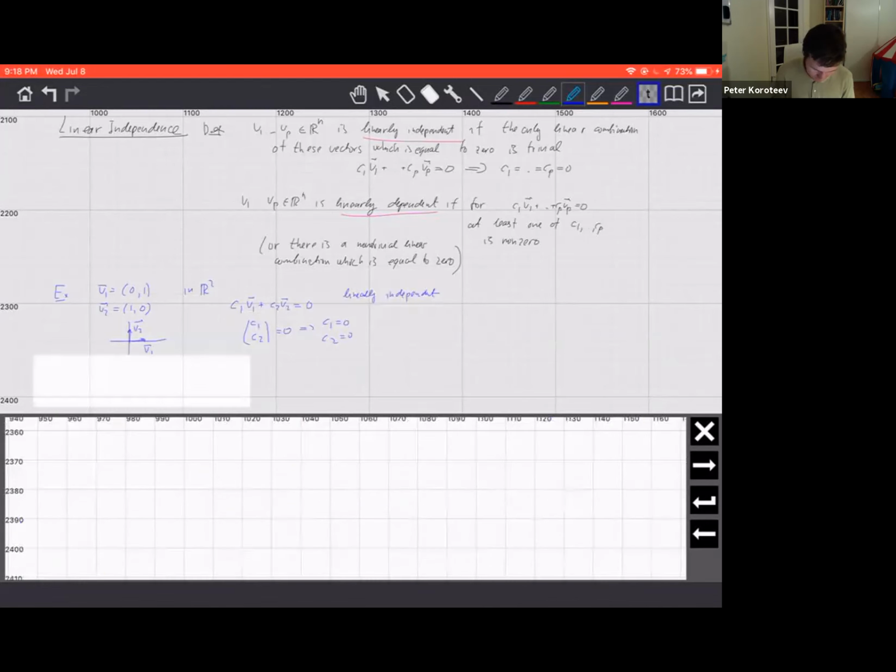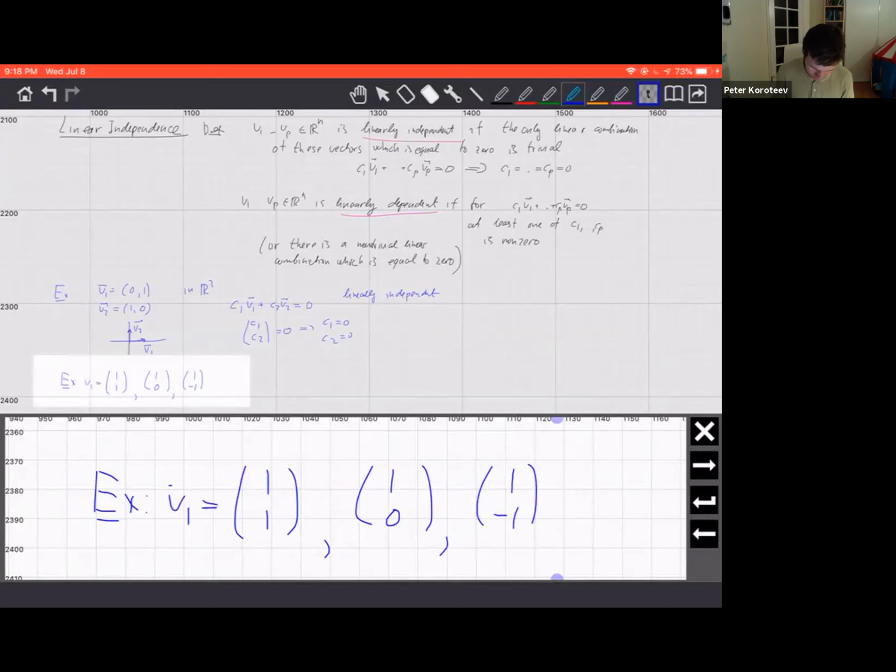How about these vectors? (1, 1), (1, 0), (1, -1). Let's call them V1, V2, V3.